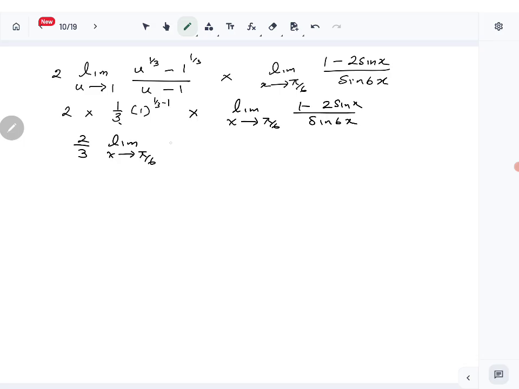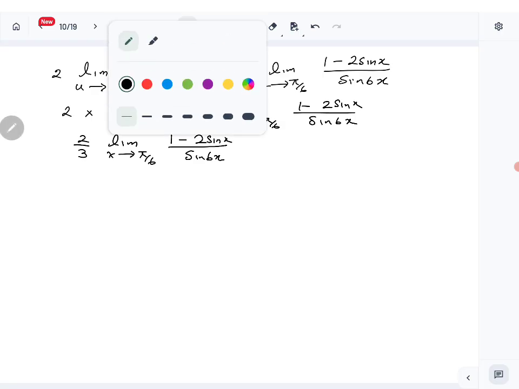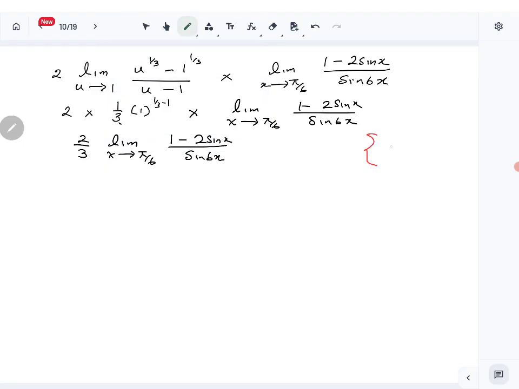Now for this part, we have to again use a substitution. We want to use the other special limit we learned, sin x over x, that one. So here we want to use this one. Limit as x approaches 0, sin x over x is 1. We have to use that one here, right?